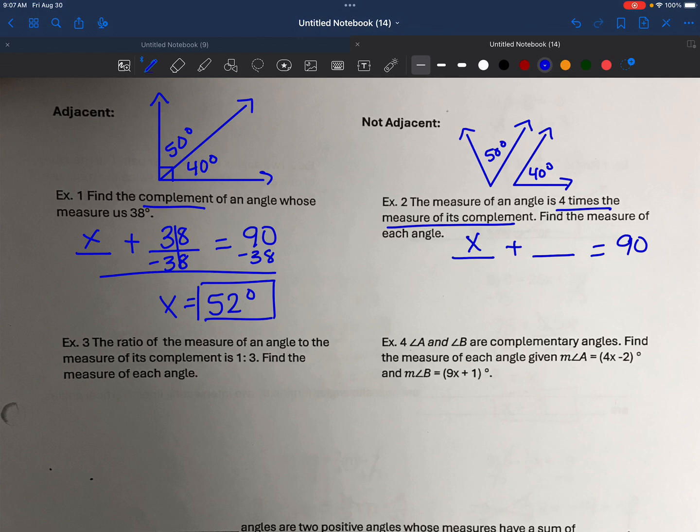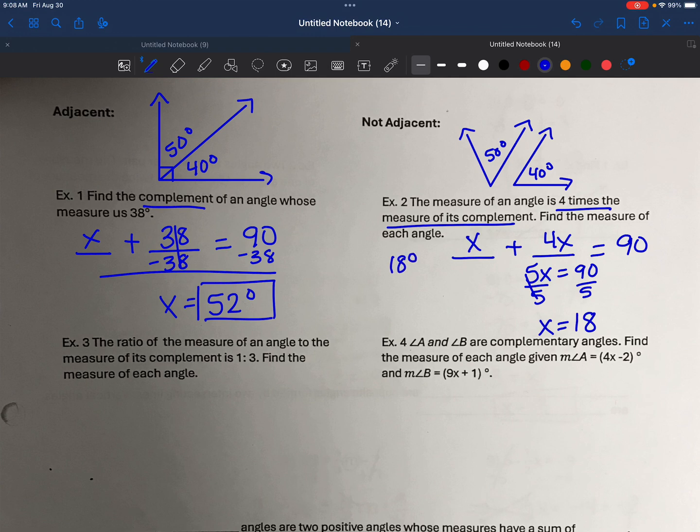X. What do we know about the second angle? It's 4 times that, so 4x. Okay? It's important that you write that out because a lot of times I'll see people just write 4x equals 90. Well, that's not going to get you the correct answer because you didn't add the complement angle. Okay? So we get 5x is equal to 90. Divide by 5. X is equal to 18.